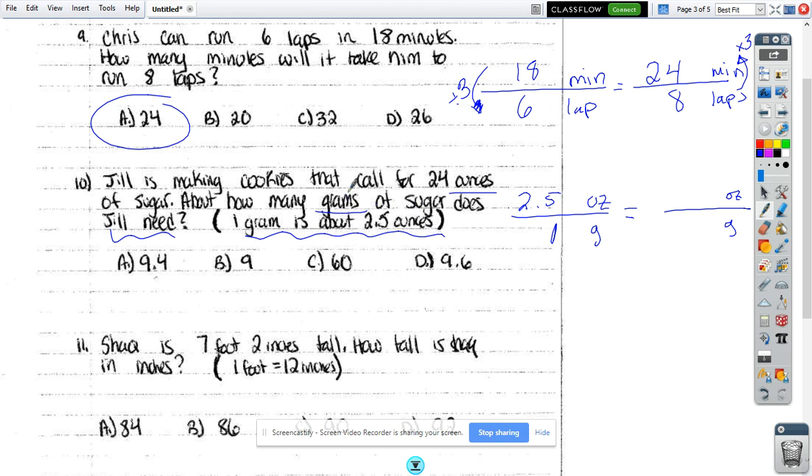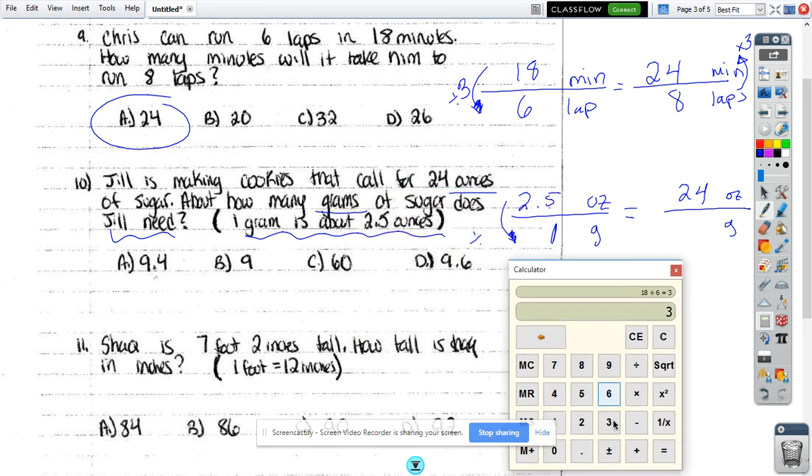So then it says it calls for 24 ounces. So let's put 24 over here. And so now we just do our operation. Same deal. Draw our arrow, divide, 2.5 divided by 1. You should know if we divide by 1, we're going to get the same number. I end up with 2.5.